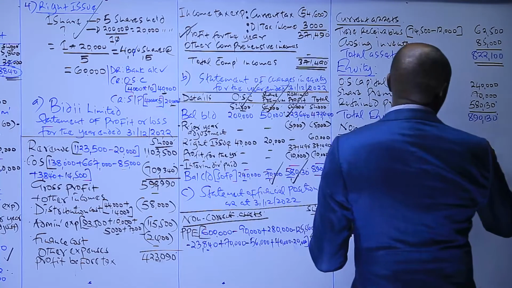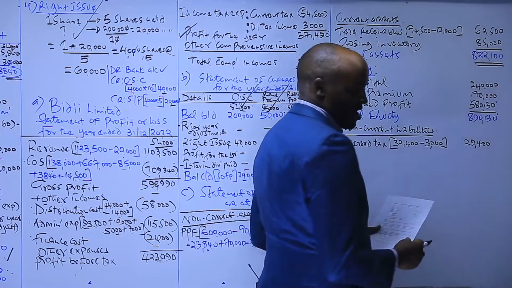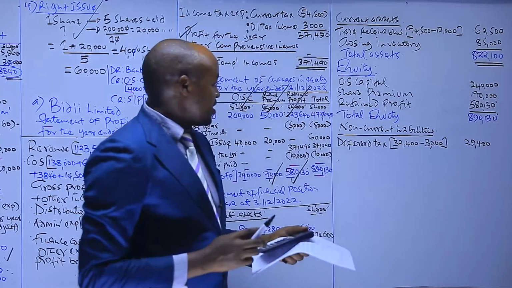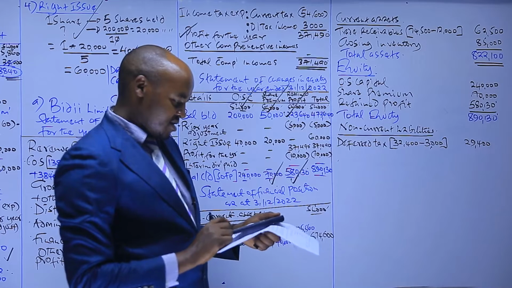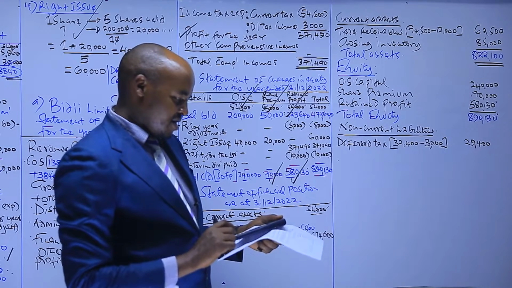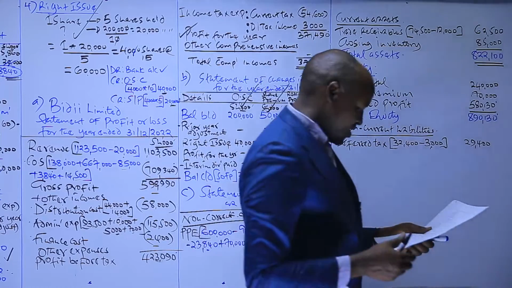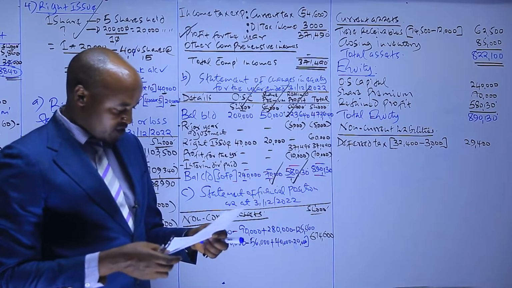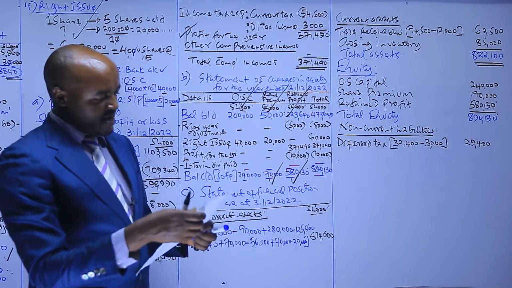So this will give us 29,400. And equally we can confirm whether that working is correct. 32,400 minus 3,000. Yes, that will give us 29,400. So do we have any other non-current liability? I don't think so.